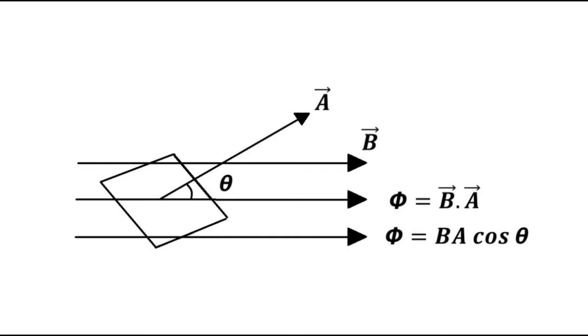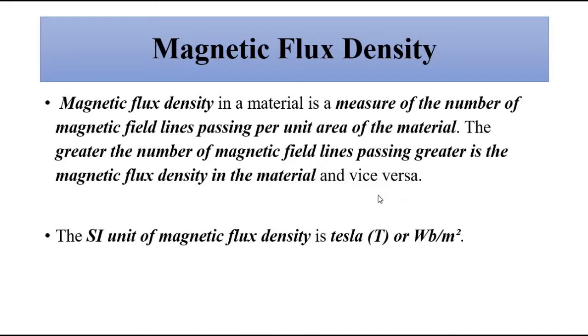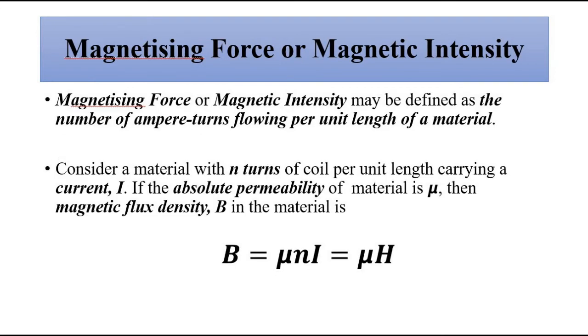When theta is equal to 0, in that case, magnetic flux density is simply flux per unit area. So it has the unit of Tesla or Weber per meter square, which we have already discussed. So that's why I'm not going into detail.